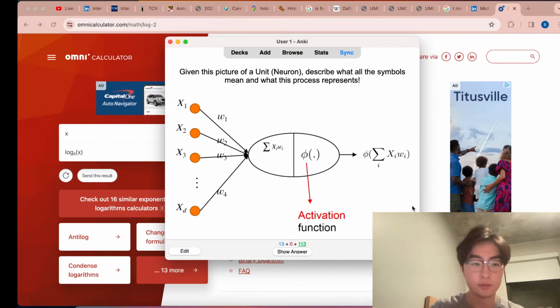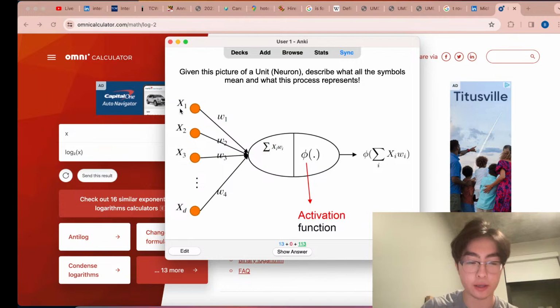And so in this case, we have maybe a vector of inputs. So that's going to be our weight times our input. This is our weight vector, and this is going to be another vector itself.